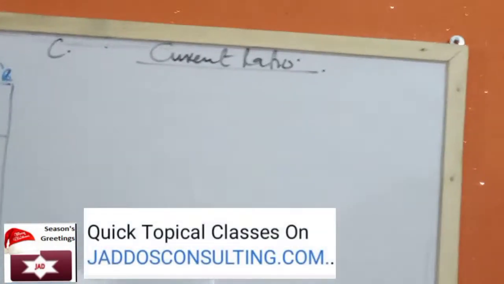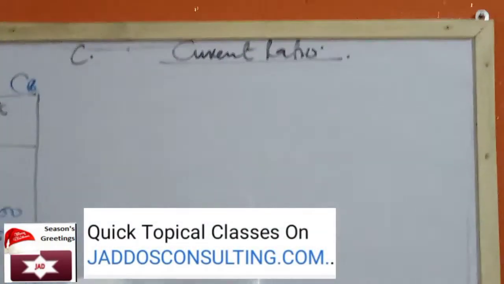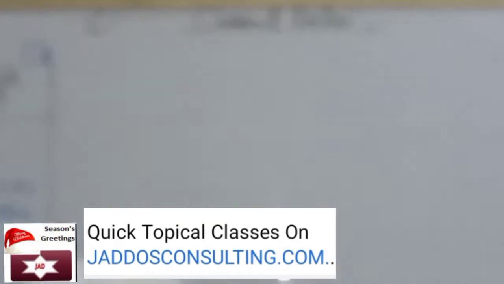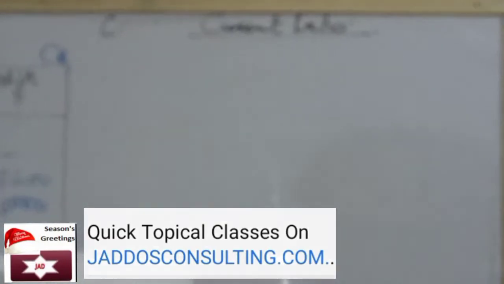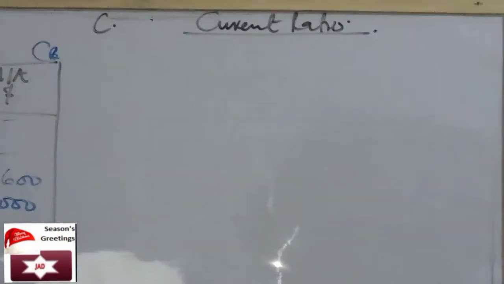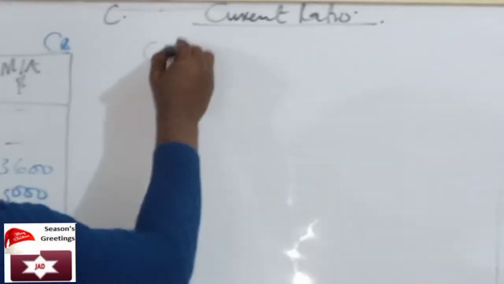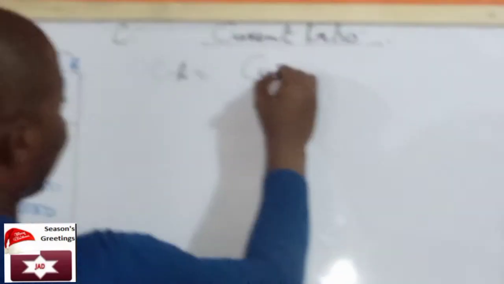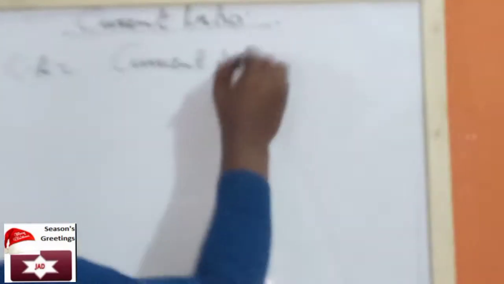You can take your class on accounting ratios on jadosconsulting.com. So what is the formula for the current ratio? Current ratio is your current assets divided by current liabilities. Based on the question, what are the current assets?